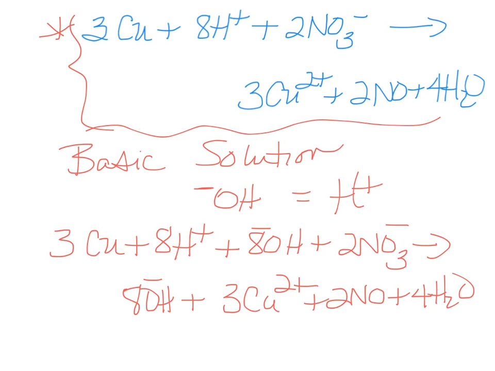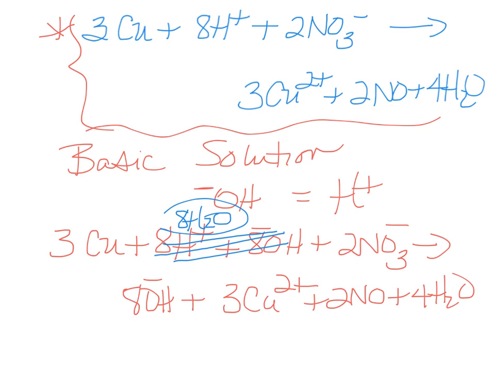All right. So when you do balance a redox reaction in basic solution, there's usually a lot more canceling out at the end. First, you want to combine, if there are H plus and OH minus on the same side, you want to combine those and make them into water. So instead of having individual H plus and OH minus, I'm going to add 8 water.